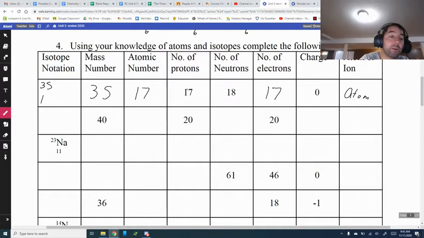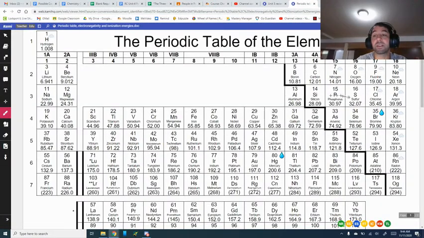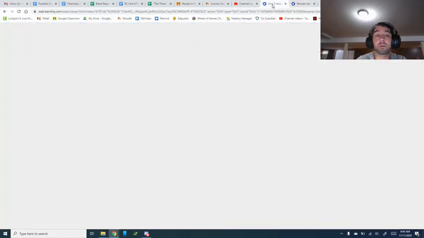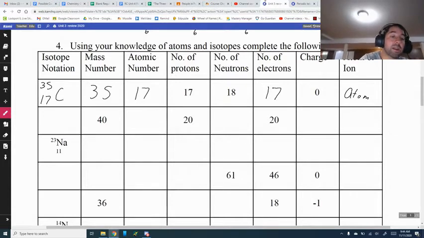Bottom left number is the atomic number. And now we have to identify the element. So to identify the element, we look at the atomic number, 17. We find number 17 on the periodic table. That turns out to be chlorine. So we go back here and we just write down chlorine's symbol.